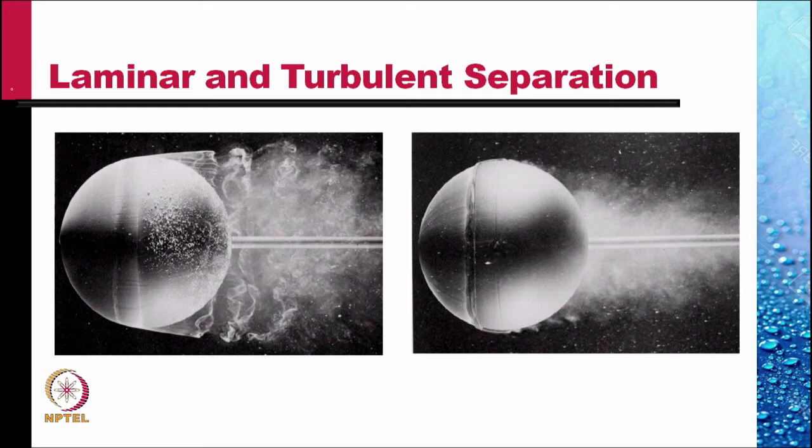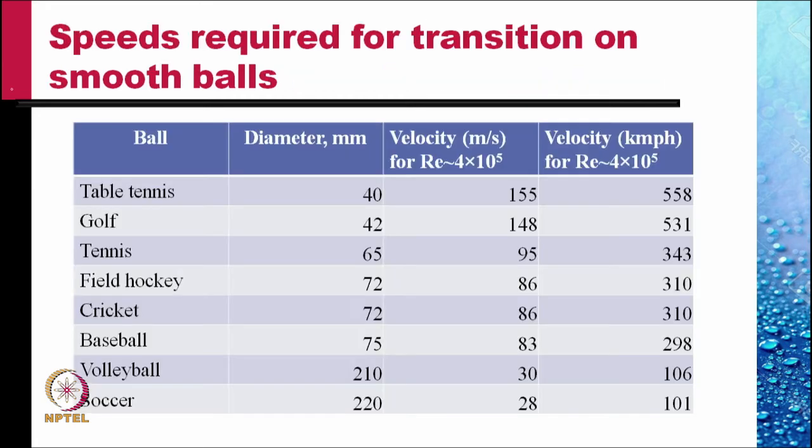And in the second case, the boundary layer becomes turbulent and separates much later, leading to a narrower wake and lower CD. As we said, the transition on a smooth sphere occurs at a Reynolds number about 4 into 10 to the power 5.